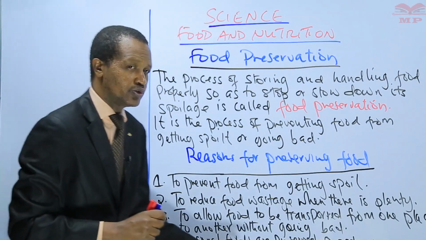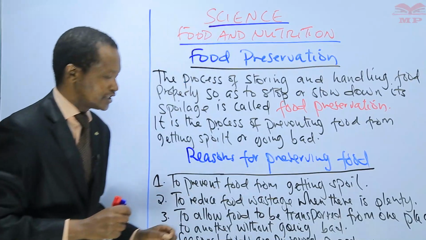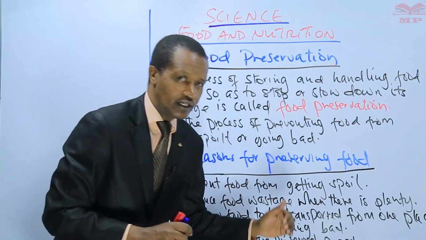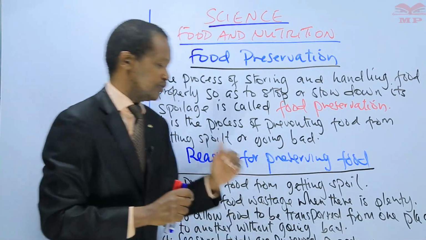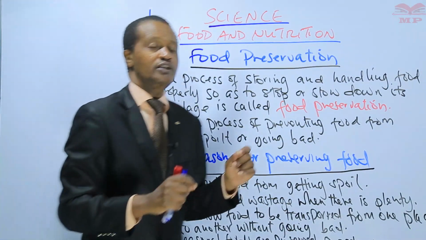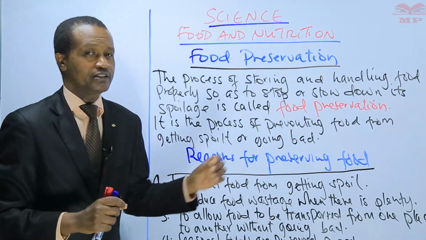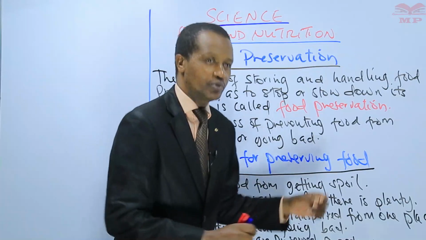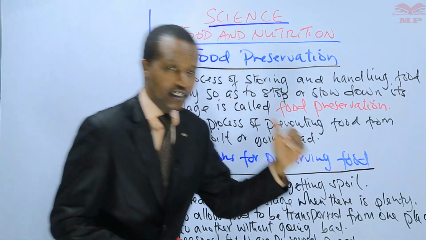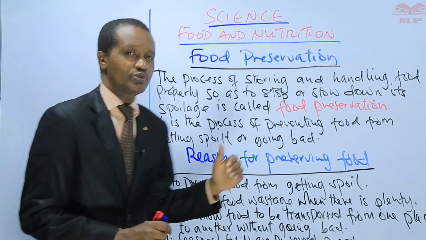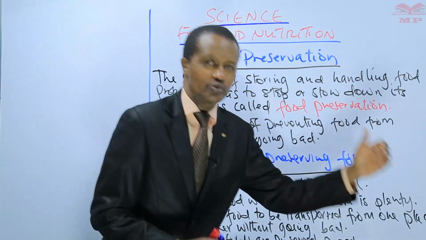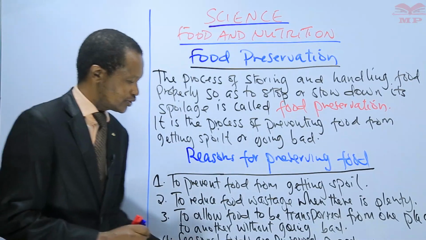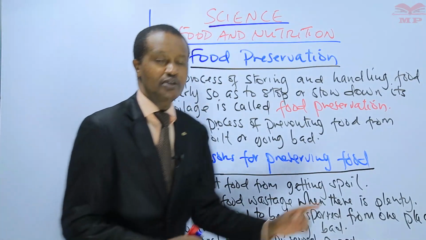Maize is seasonal food. So there was need for us to do what? To preserve the food, because we harvest in May or in April. And you see, we take maize every day. Maize is a staple food. We eat it when the maize is in season and out of season. So for us to take maize when the maize is out of season, then we do what? We preserve.